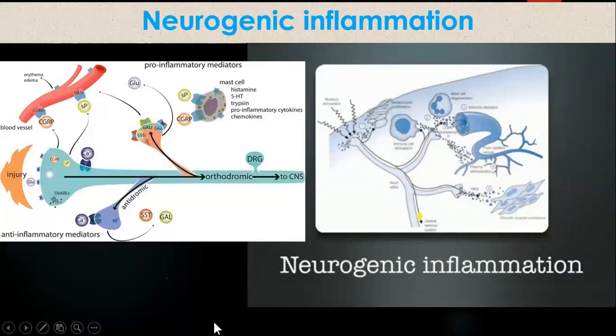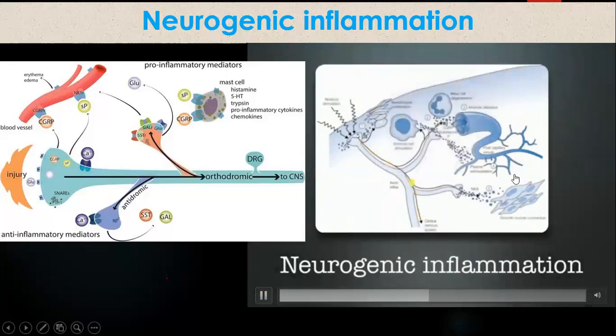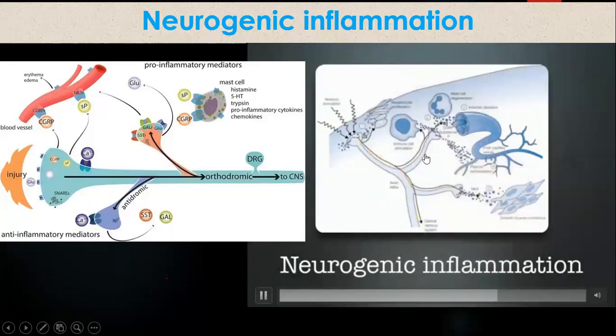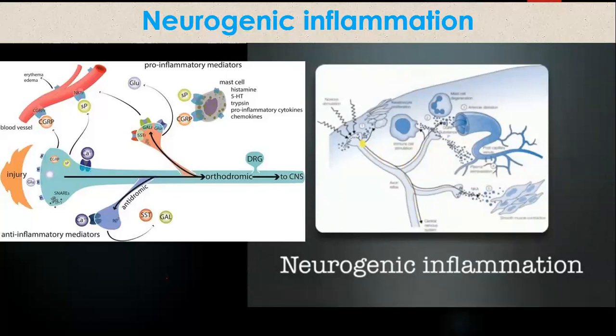So rather than going, as we can see in the video, where the impulses are generated and must go to the central nervous system, these impulses go to the site of the blood vessels and the site of the cells and release these neuropeptides at that site and increase the inflammation. So the inflammation which is produced due to the activation of nociceptor impulses is known as neurogenic inflammation, right?